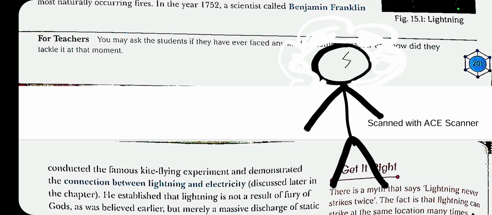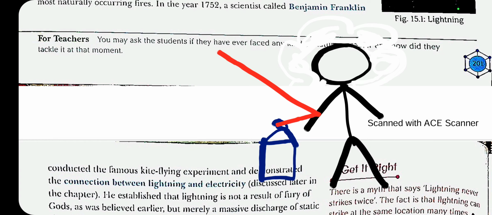So in this experiment, this is the Leyden jar, and this is the thread of the kite. So he was holding this part in his hand.